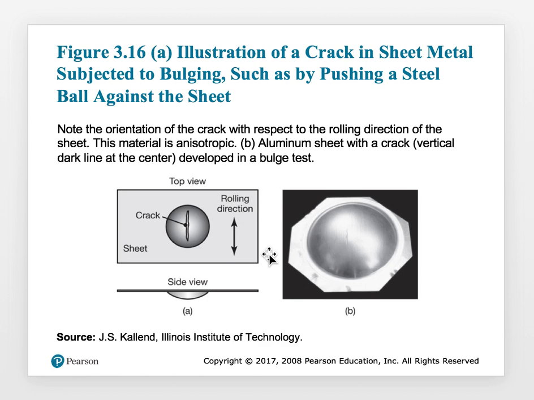If your manufacturing process is such that you're also rolling and you're also compressing, you're creating a kind of divot or a bulge in that material. So when that happens, that crack can accentuate itself. In this case, it would be a vertical dark line at the center. And it can only be seen if you're doing a bulge test in that material.